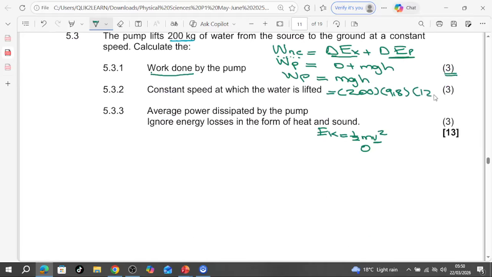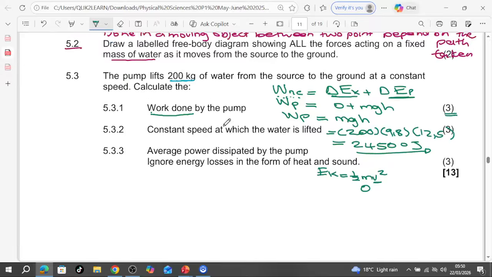When you punch this on the calculator, you should find the work done by the pump. So let's quickly put that on the calculator. 24,500 joules. That is the work done by the pump.